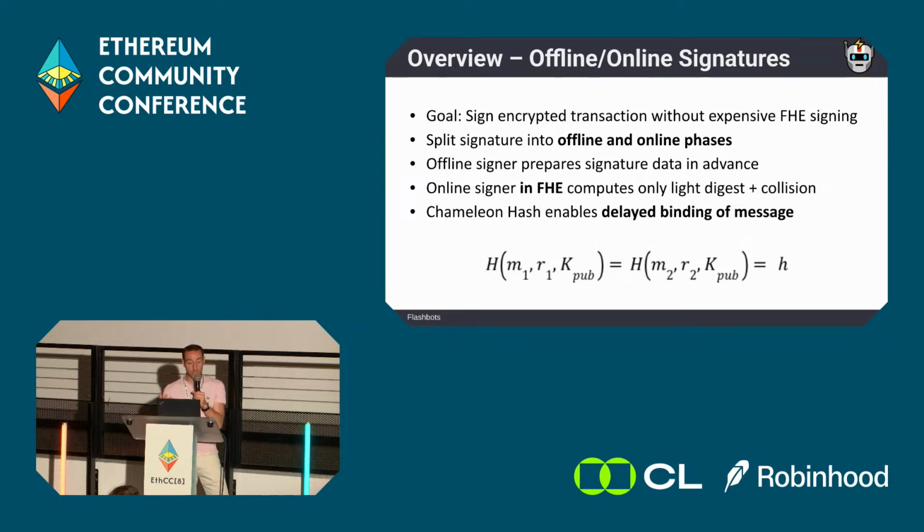So we can do this notion of delayed binding of a message to a hash. We don't even know the message yet. It's going to come from the FHE, from the user actually. But we can still pre-compute a hash, and we can still pre-sign this hash even before starting the FHE bit. And the FHE bit ends up being calculating this collision that we've seen before.